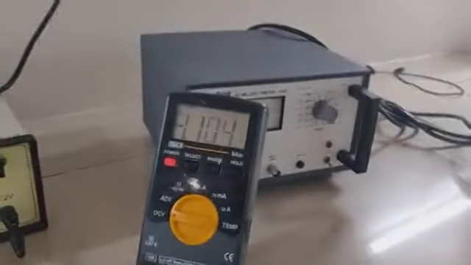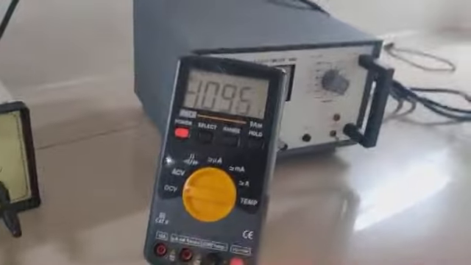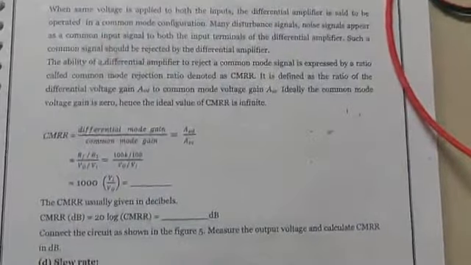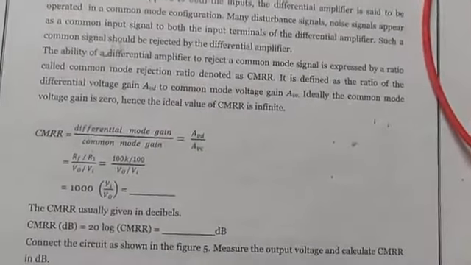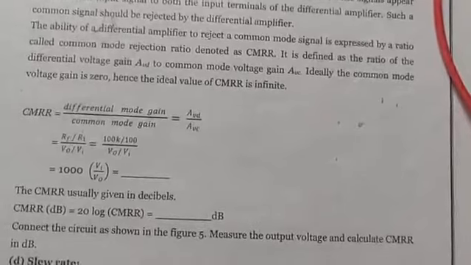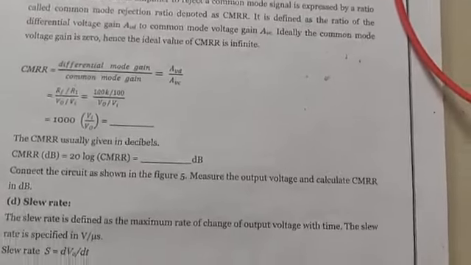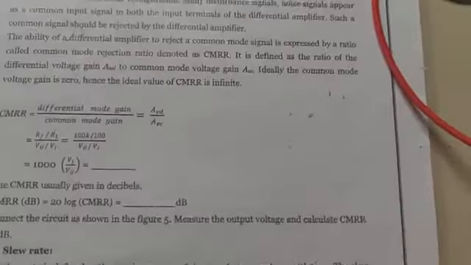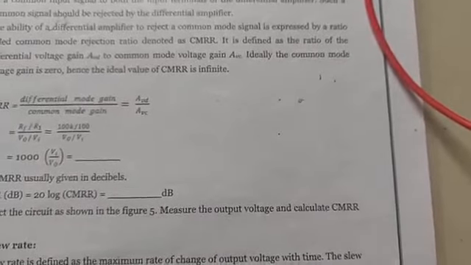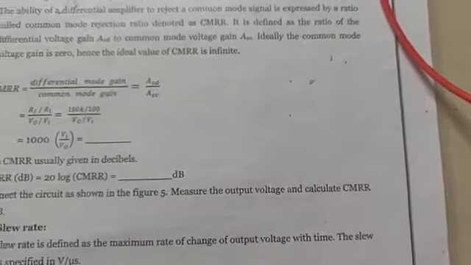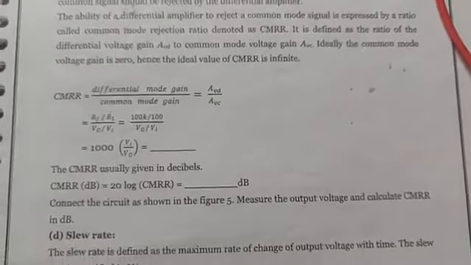So approximately it is 1 volt. So for making the calculation easier, we are taking that output voltage is going to be 1 volt. So what is CMRR going to be? You can see in the synopsis. Input voltage is 10 volt, output voltage is going to be 1 volt. So VI upon V0, 10 volt upon 1 volt, that is going to be 10, which is going to be multiplied with the differential gain 1000.